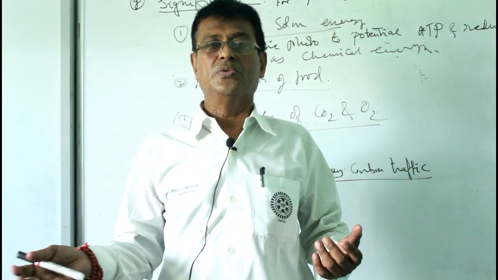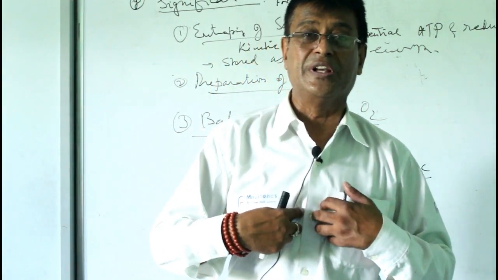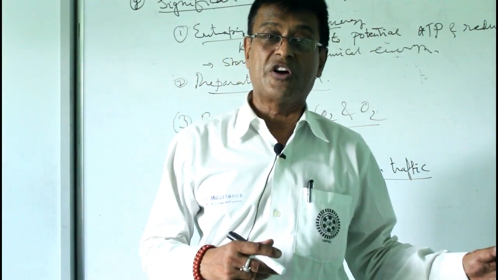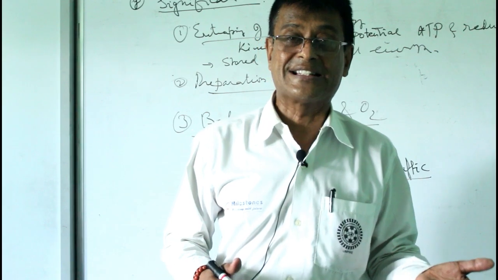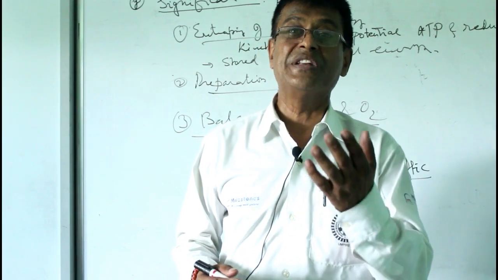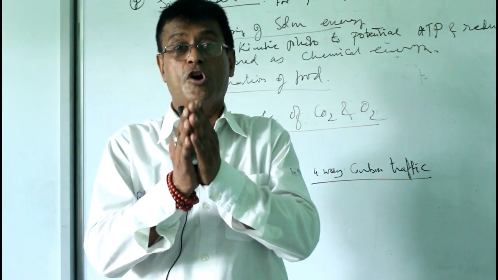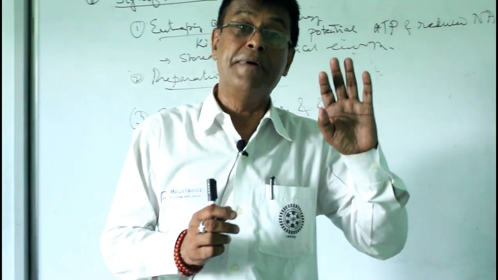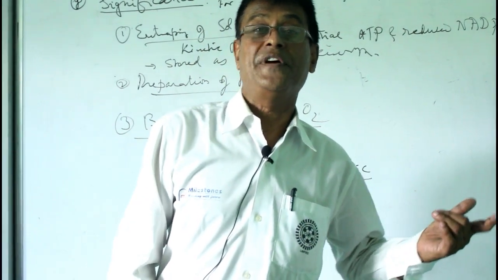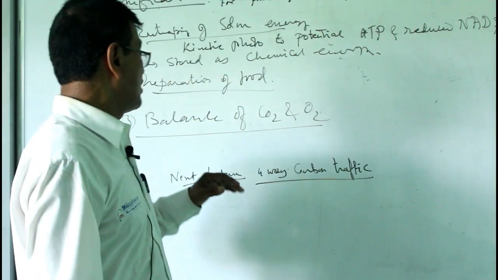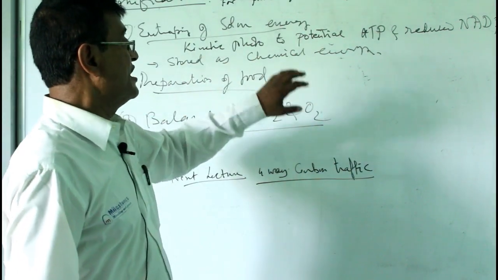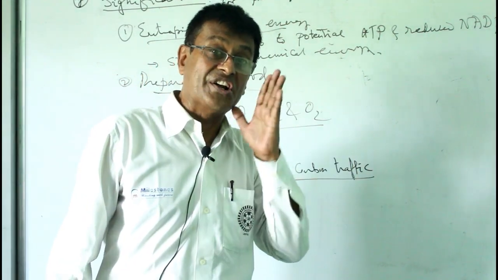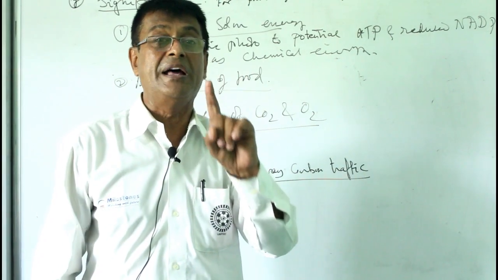In humans there is a nice mathematical calculation: 20% of oxygen is absorbed, but when it comes out as exhaled air, it is 16 point something percent. So 4.5% of oxygen is used, and that is found in the carbon dioxide because that is increased by 4.5%. So this is how the balance of carbon dioxide and oxygen is kept by photosynthesis, because the liberated oxygen is released to the atmosphere to maintain the balance of nature.